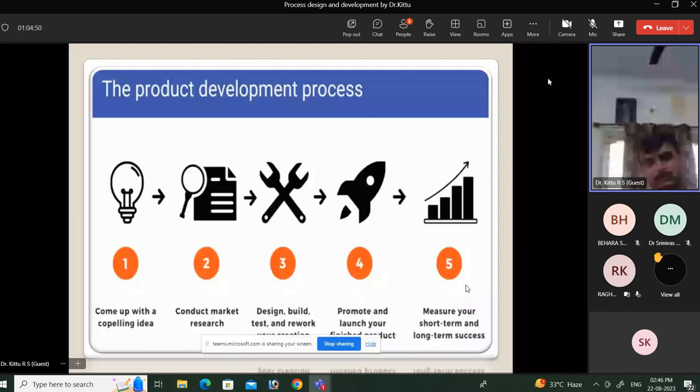Suppose when you launch a new product or new services, in the initial stages you get a good result, that means a larger number of responses, such as sales or subscriptions. But there may be difficulty in long-term existence.